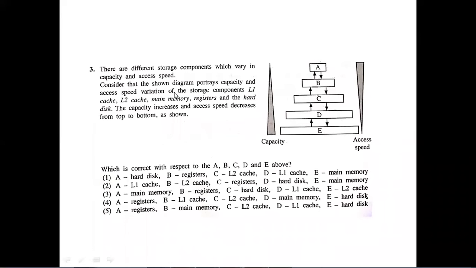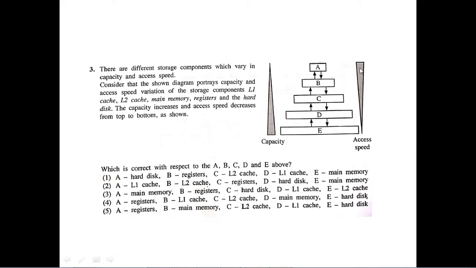So here is the question. There are different types of storage components. They are given as L1 cache, L2 cache, main memory, registers, and hard disk. Here the capacity increases and the access speed decreases from top to bottom.